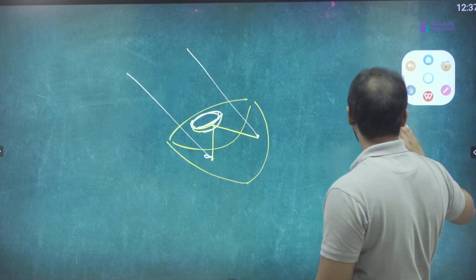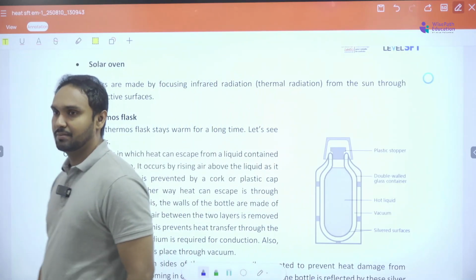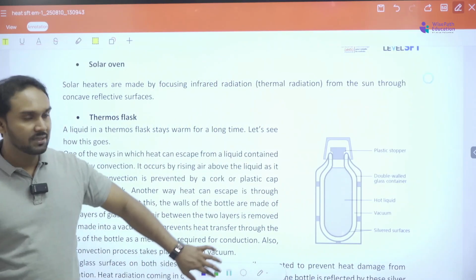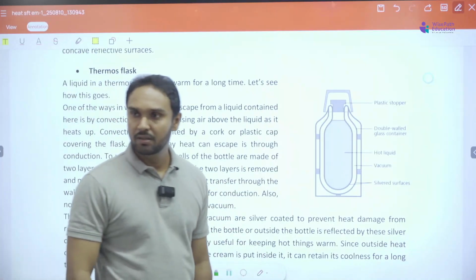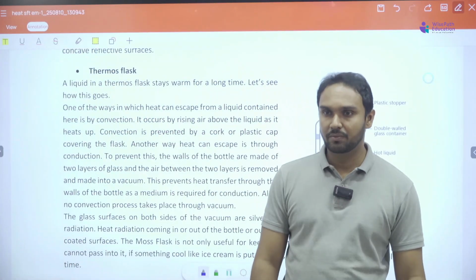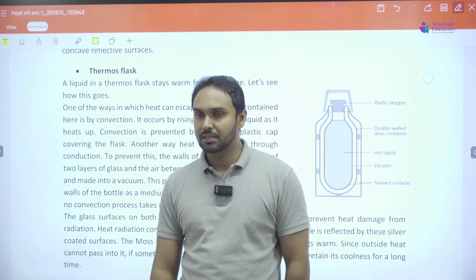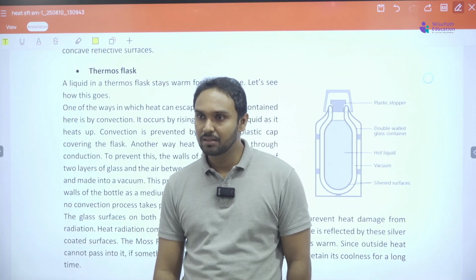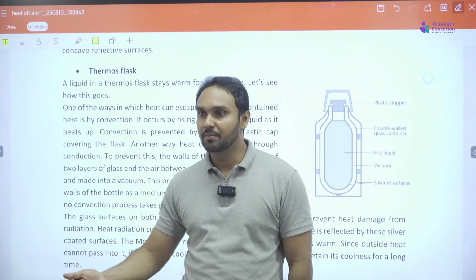So the thermos flask is one of the greatest inventions in history. Why? Because before it was found, you had to heat the water and consume it, then you couldn't keep it for a long time.